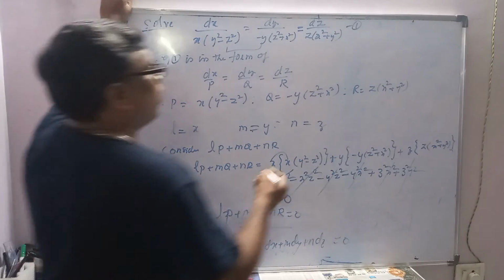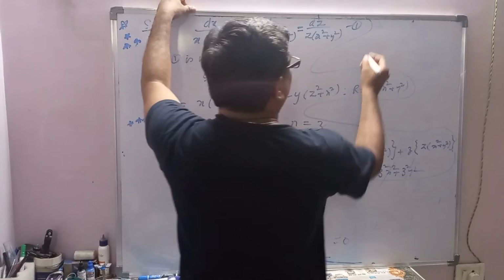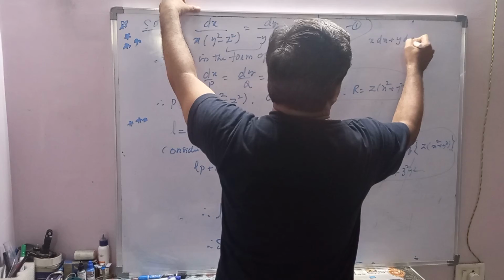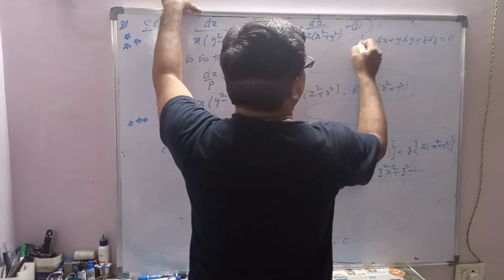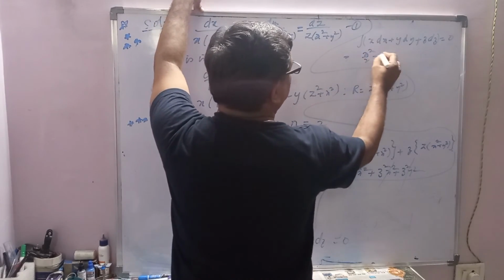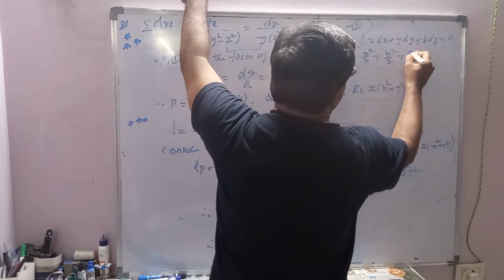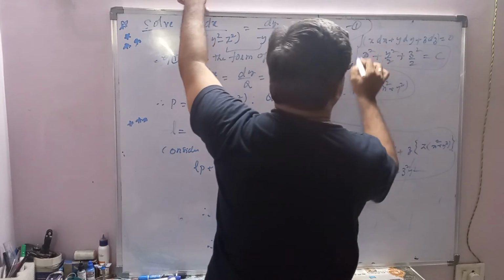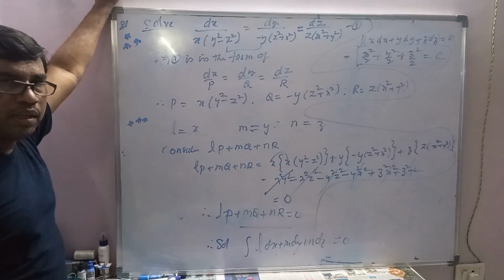Let us see: L is x, so x dx + y dy + z dz = 0. Ordinary integration: the integral of x dx is x²/2, of y dy is y²/2, of z dz is z²/2, equal to some arbitrary constant c. This is one solution.